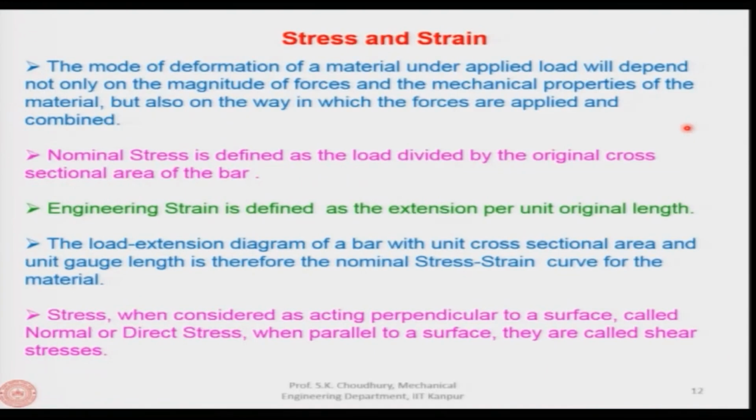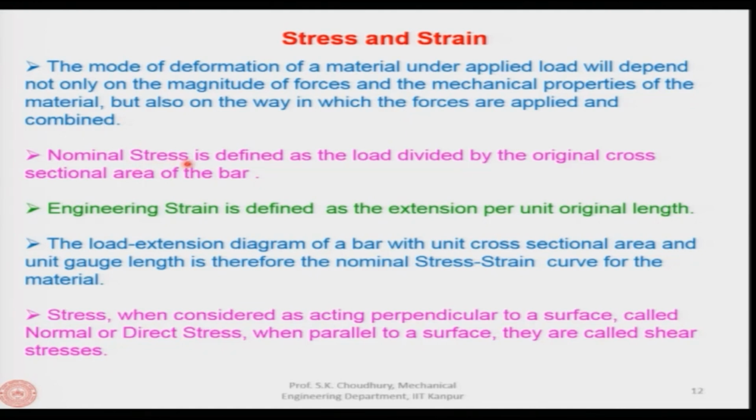Now, let us discuss the stress and strain in brief, because we understand that material removal is basically because of the plastic deformation and high strain rate of deformation. So, the mode of deformation of material under applied load will depend not only on the magnitude of forces and the mechanical properties of the material, but also on the way in which the forces are applied and combined.